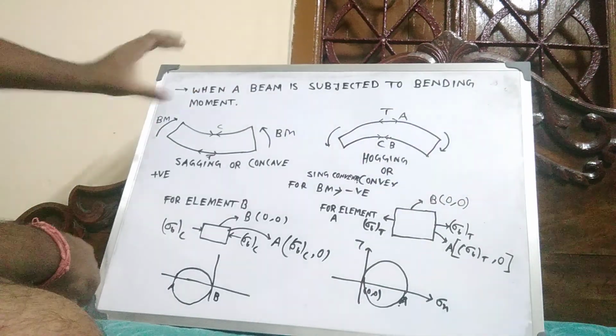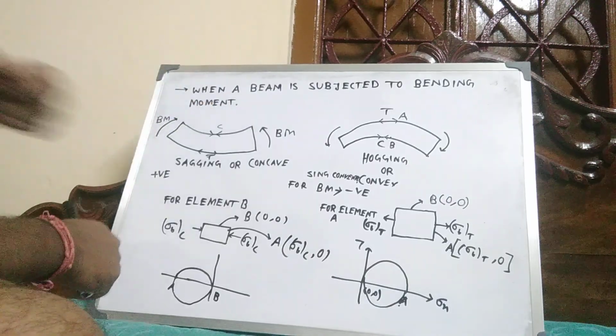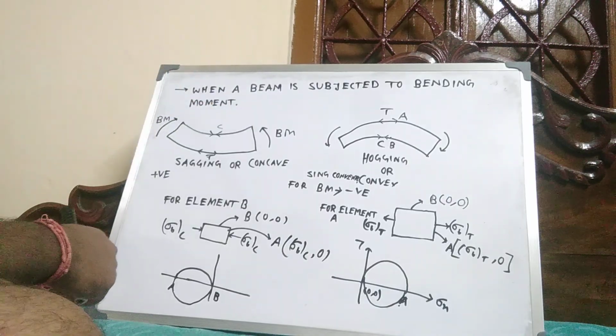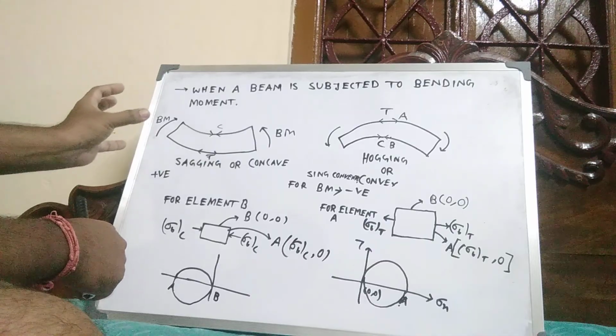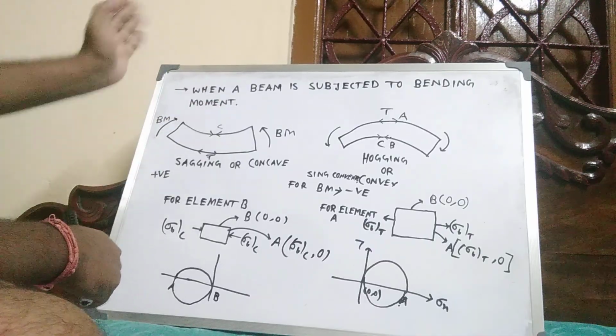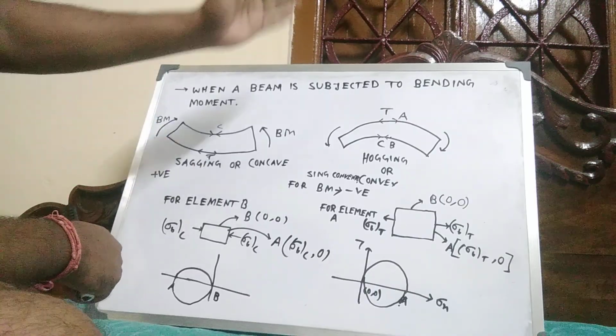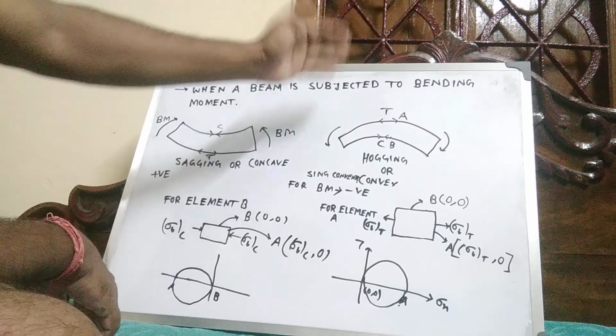Initially the beam was straight, and when the beam is subjected to bending moment, this is sagging and this is hogging.